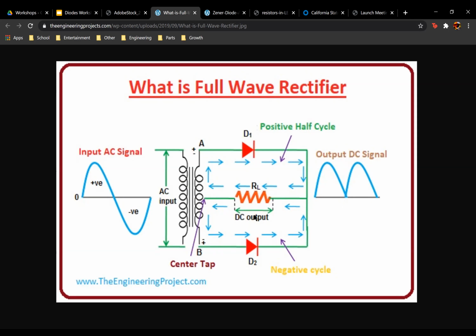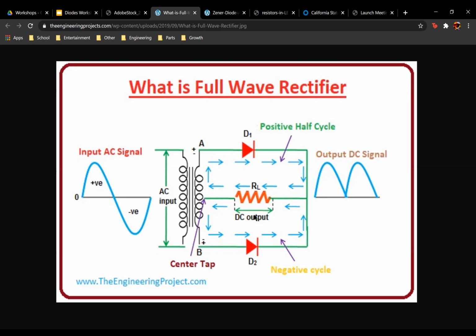We'll couple it with a filter capacitor, and what that filter capacitor does is decrease the amount of ripple voltage that we'll experience. Think of ripple as when you drop a little water drop into a pond and you see that ripple effect. What that capacitor does is decrease that amount of ripple.